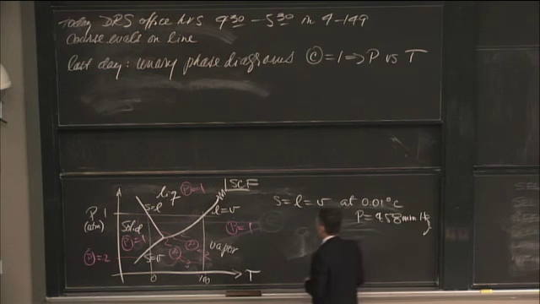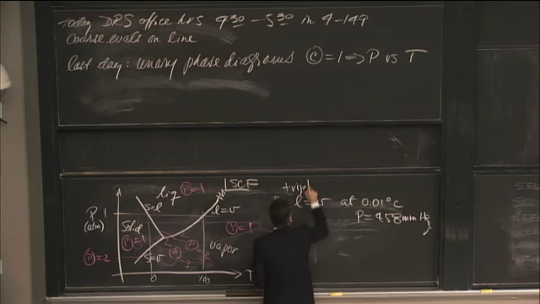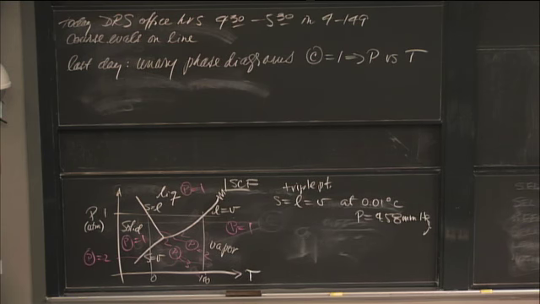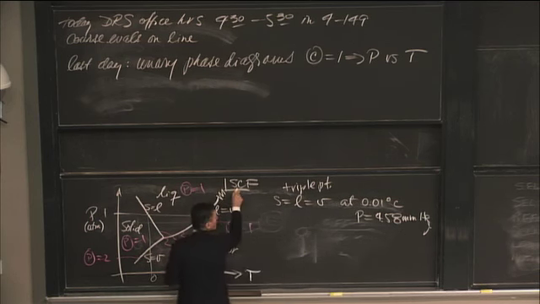So that's the triple point. We looked at a variety of other one-component phase diagrams, and I think we came to a pretty good understanding. And then up here we have the supercritical fluid.